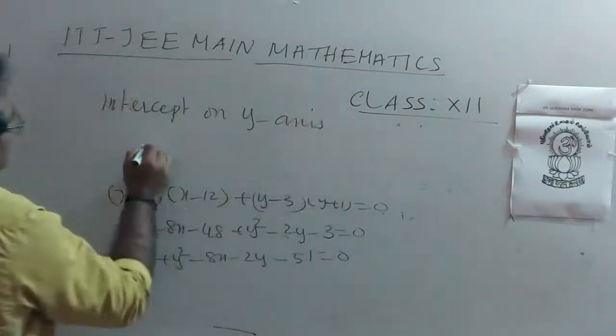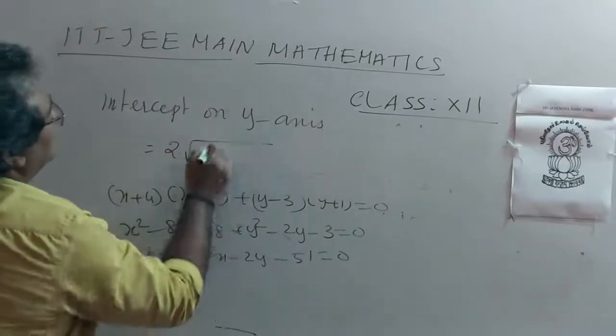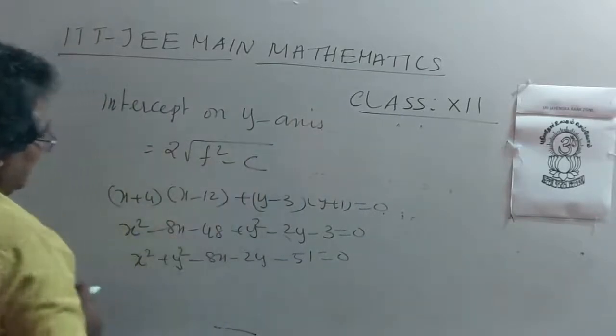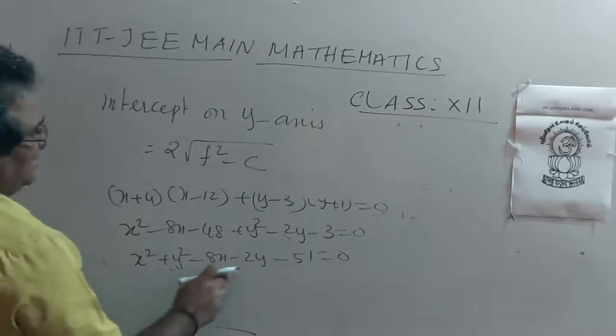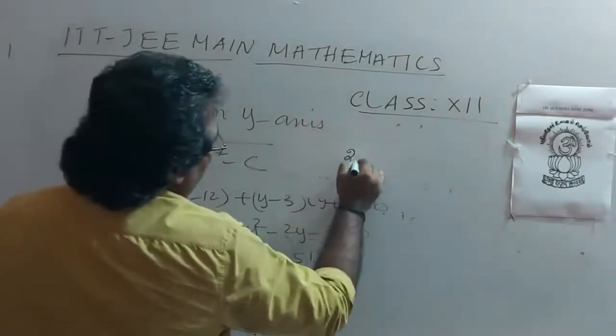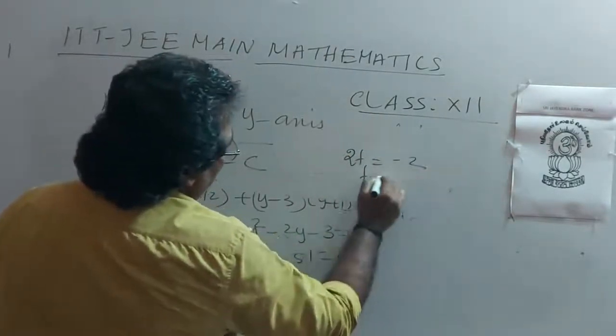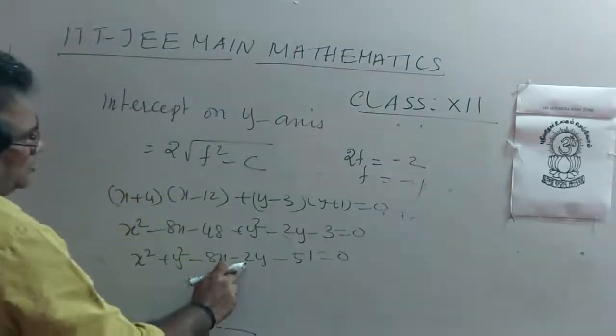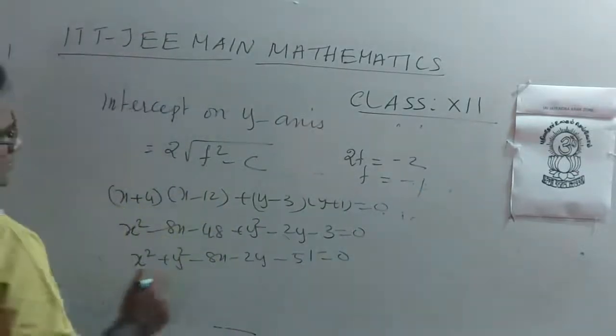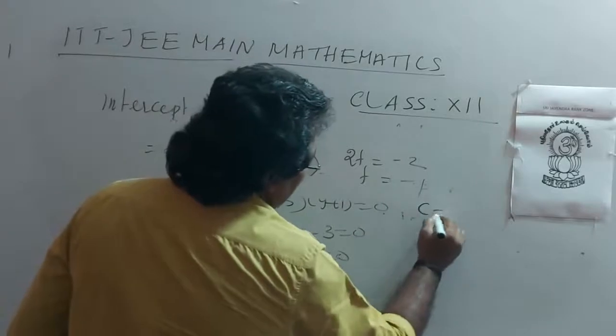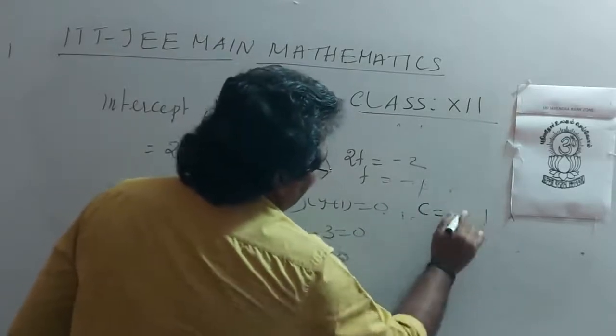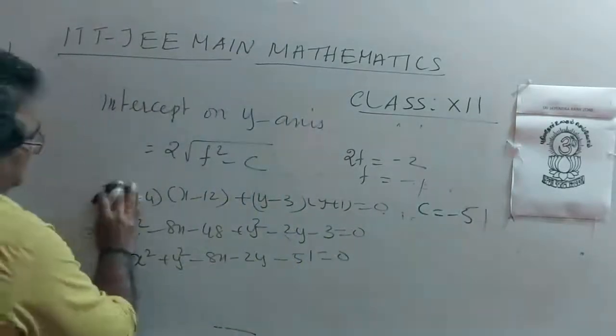Intercept on y axis is twice root of f square minus c. Here 2f equal to minus 2, f equal to minus 1. c equal to minus 51.